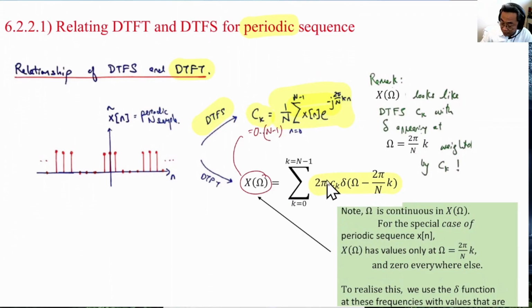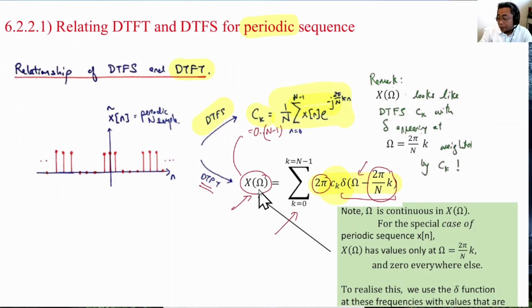We take the Ck and put it here, and we multiply the Ck values by 2 pi, and we put delta functions at every omega equals 2 pi n over N times k for the corresponding Ck, and we do it for all the k's from 0 to N minus 1. What we have by doing this process is simply to take the representation of Ck and express it in terms of the DTFT, where now omega is continuous.